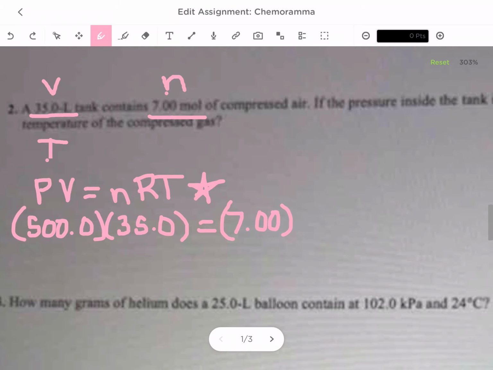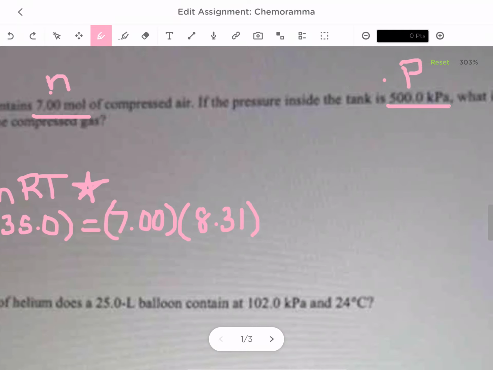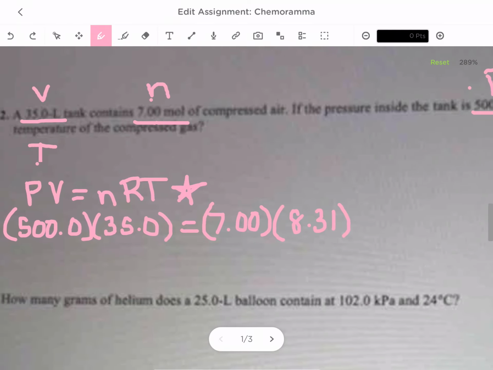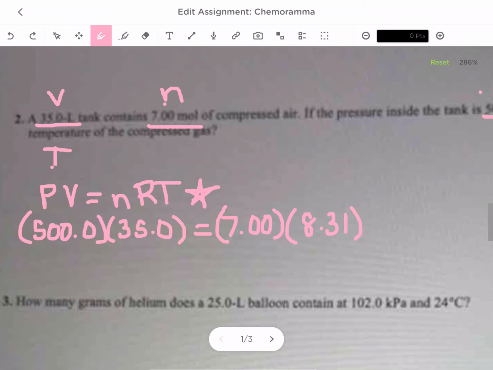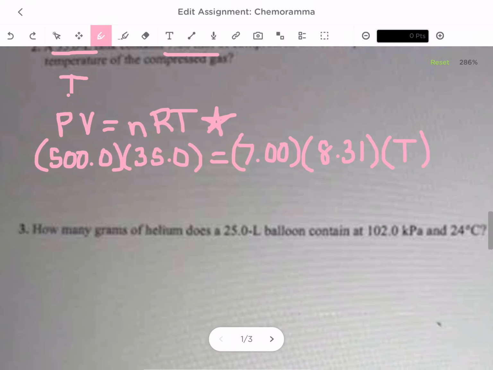If you don't like putting it, don't put it. Now, times R. What's R? Oh yeah, 8.31, because it's a constant, which means it's constantly the same number. And what is T? Wait, I don't have a number for T. Oh, look at that, because that's what I'm trying to solve for. Times T.